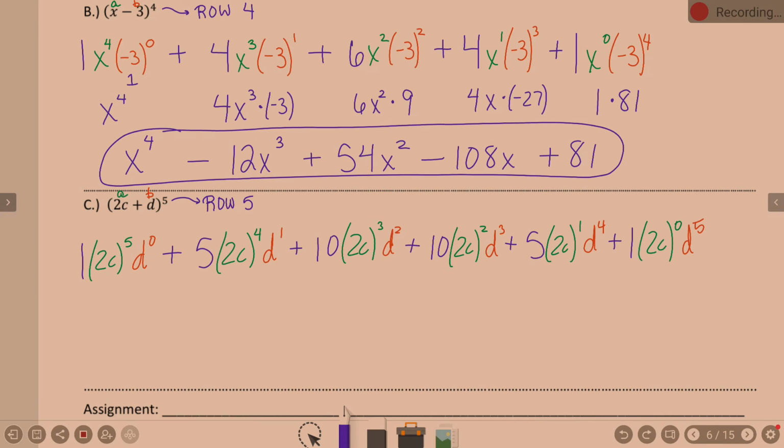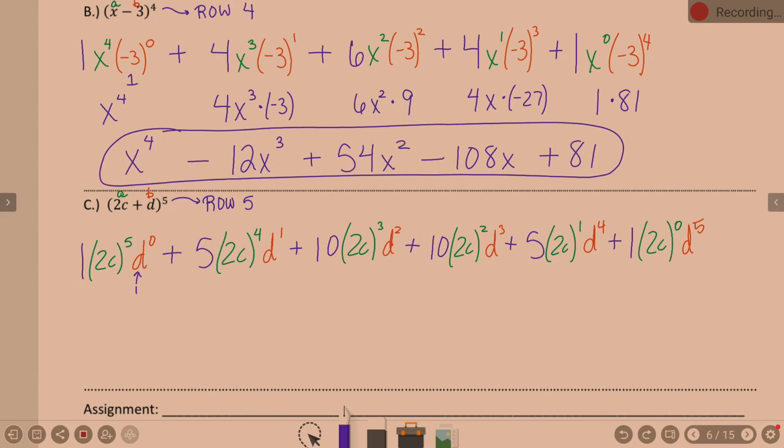Grabbing the calculator, huh? Okay, so first one's not bad. We have a 1. What do we know about d to the 0? It's a 1. What about 2c to the 5th? 2 times 2 times 2 times 2 times 2. 2 times 2 is 4, times 2 is 8, 16, 32.